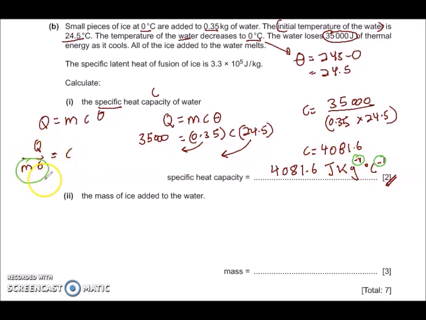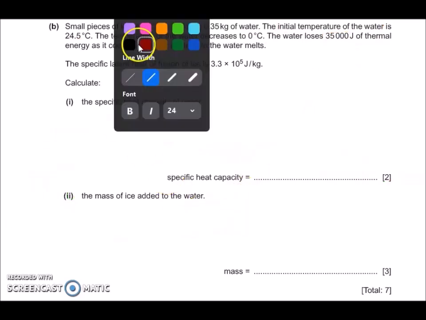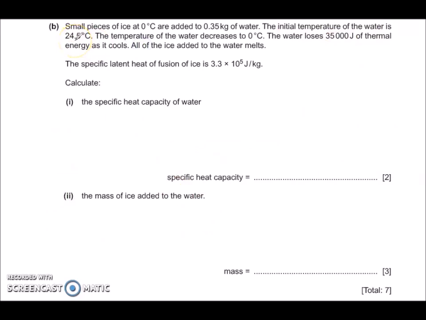You are bringing it upward. You got it? It is kg and degrees Celsius. So once you bring it upward, it will become joule per kg and per degree Celsius. So this is the unit for the specific heat capacity. You okay? Okay. This is the mass of ice added to the water. So if you want to find, the energy will be the same.